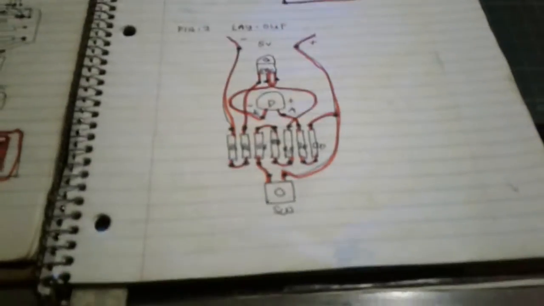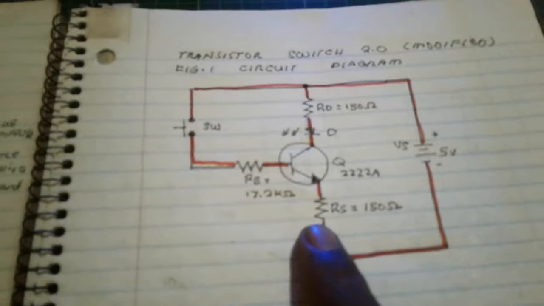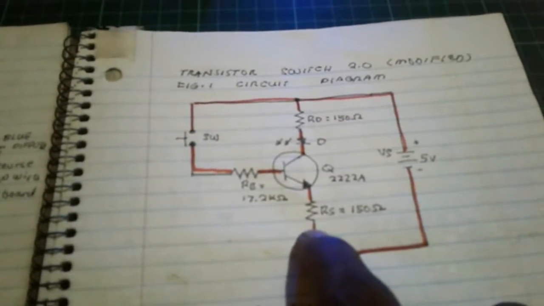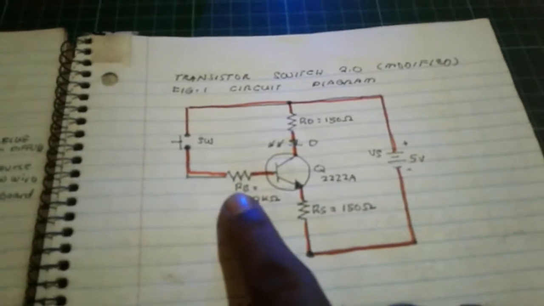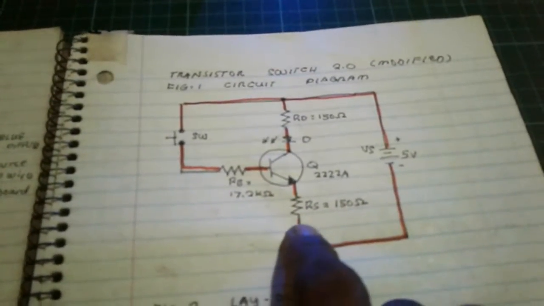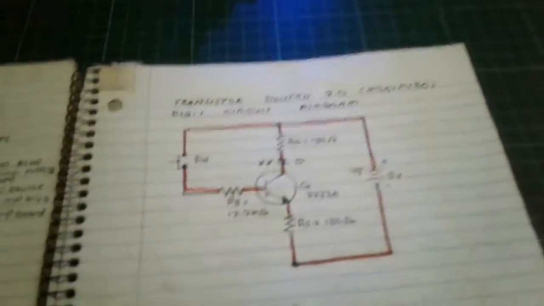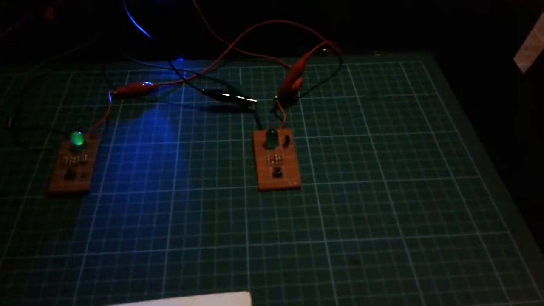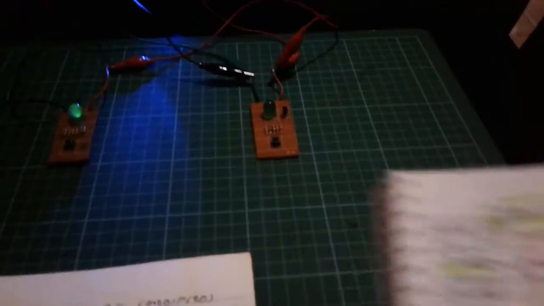This is our layout. This is an old layout of this one. The layout of this one is this. It seems that still there's a problem, even with this bias resistor here. So this is our new circuit, and let us see the circuit of this new circuit.